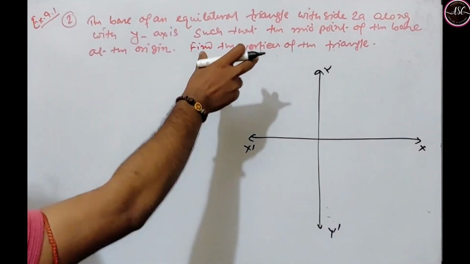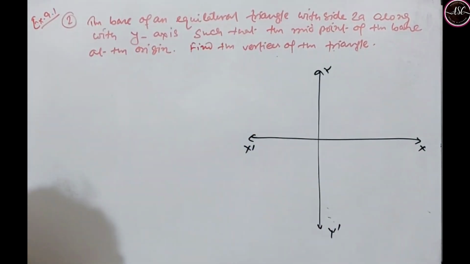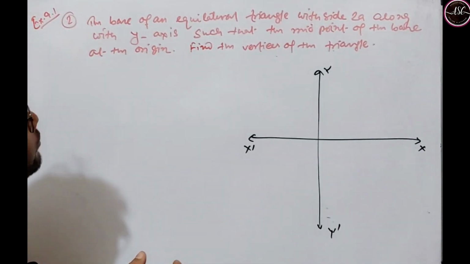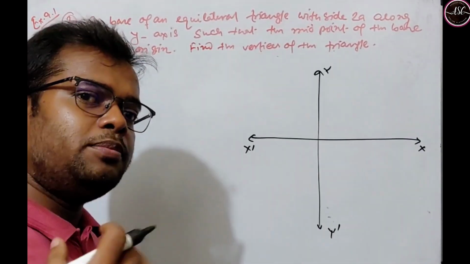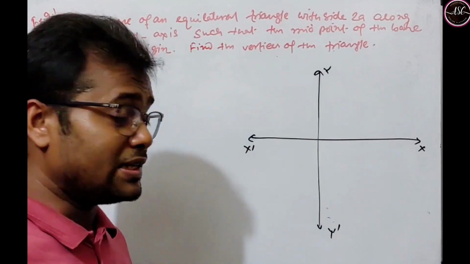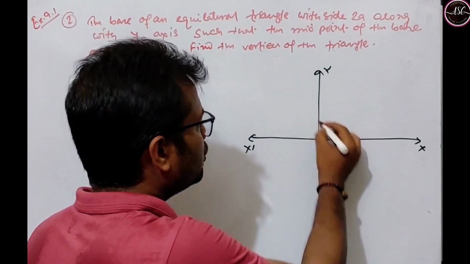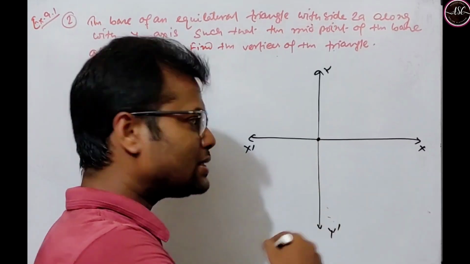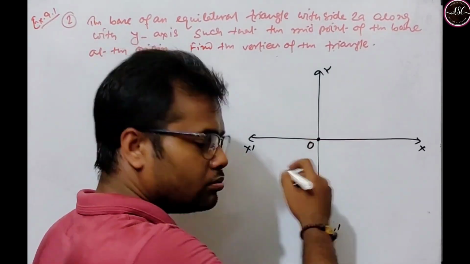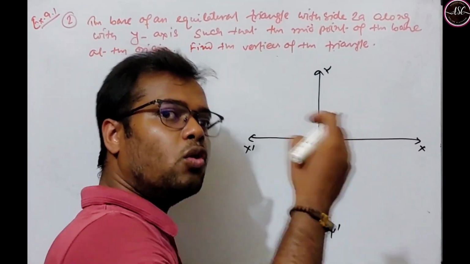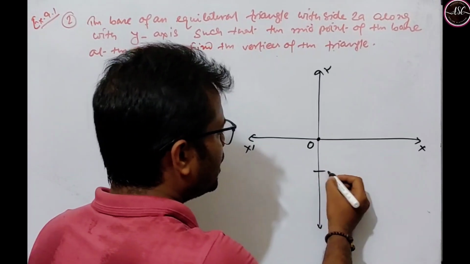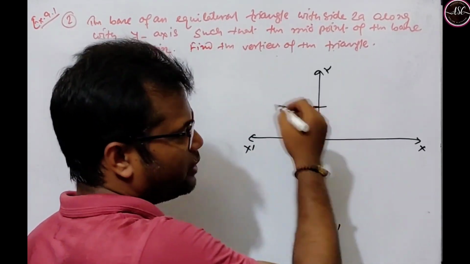Okay, as the equilateral triangle with side 2a along the y-axis, that means the base of the triangle is on the y-axis and the midpoint of the base is the origin. So the base is along the y-axis. So as the midpoint of the base is the origin, these two parts will be the same.